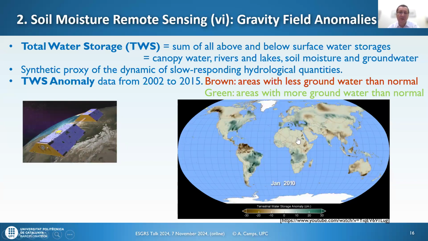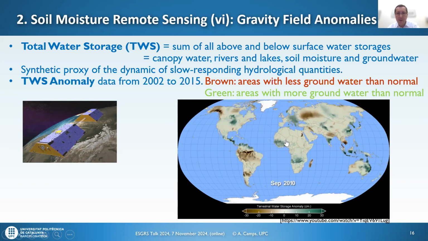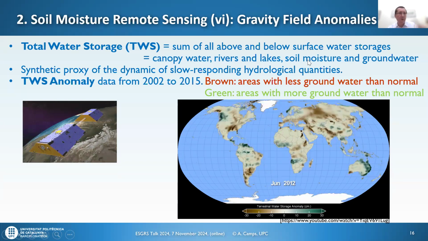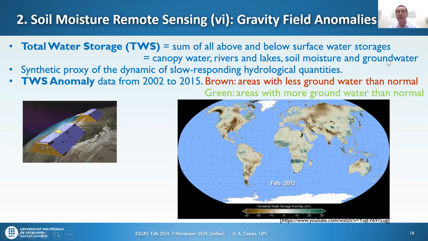So when there is lots of water accumulated in the soil and subsoil, it can be in the canopy, okay? In rivers and lakes, so on the top of the surface, soil moisture in the top 5 centimeters, or underground water, okay? Or of course, in some regions, it can be ice, okay, or snow.